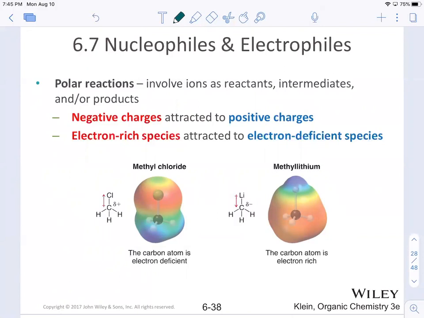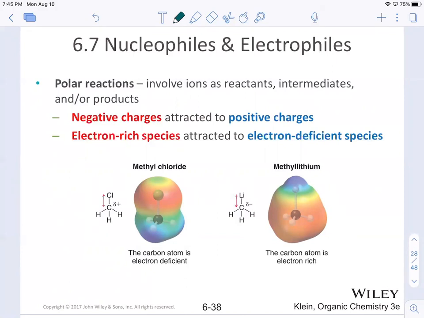We want to relate those to negatively charged items, right? It could just be a delta minus or an actual minus. It might be a lone pair. It could be a bunch of different things. But we want to start thinking about, does the atom have a lot of electrons? Or is the atom deficient in electrons? Are they more positively looking?